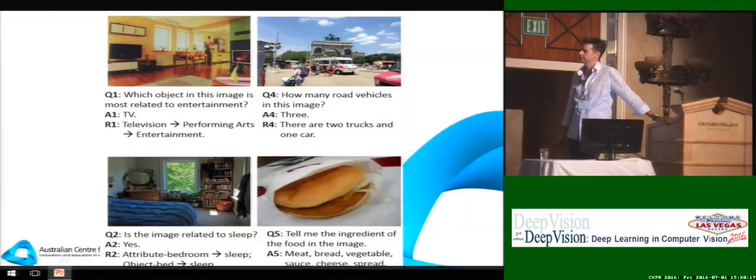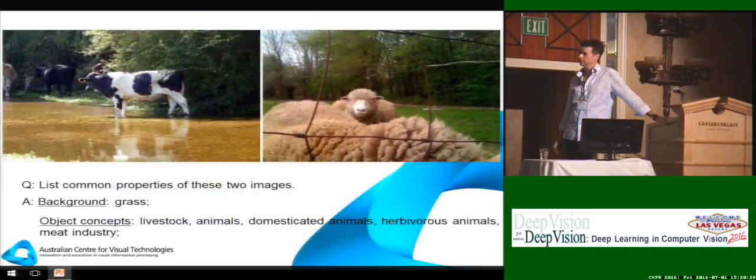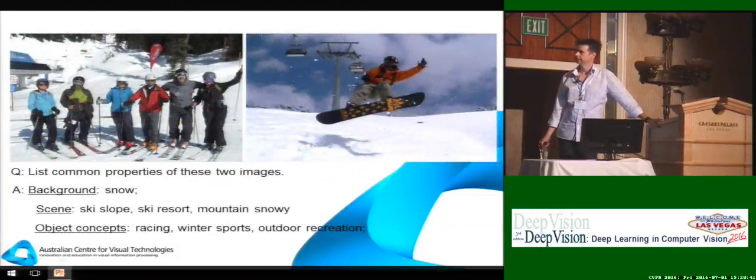The answer is TV, but the reason that it gives you is television, performing arts, entertainment. Right? It's a chain of reasoning through the data set. So list the common properties of these two images. It says they've both got grass in the background, and they contain these object concepts, which are livestock animals, domesticated animals, herbivorous animals, meat industry.